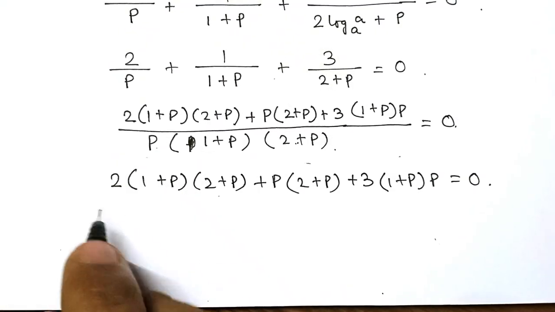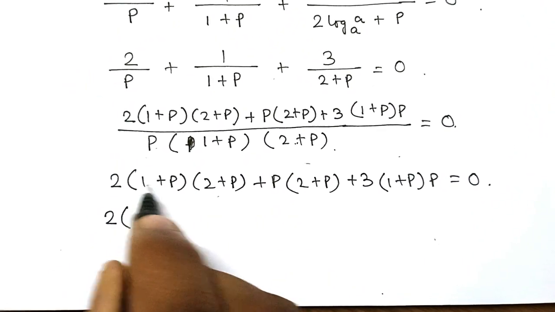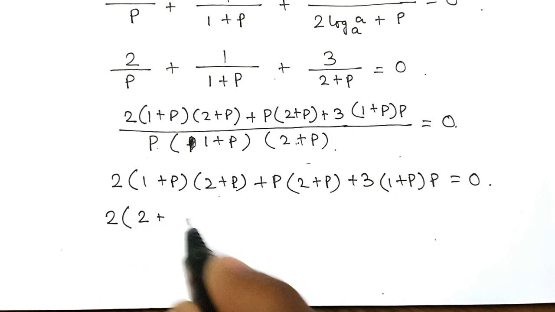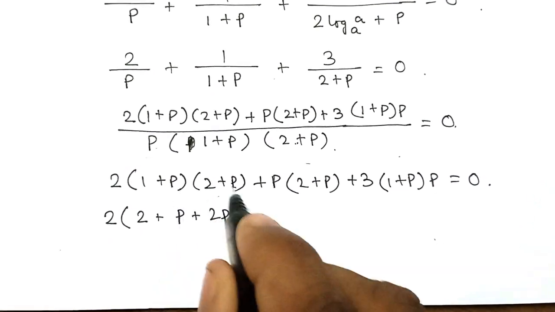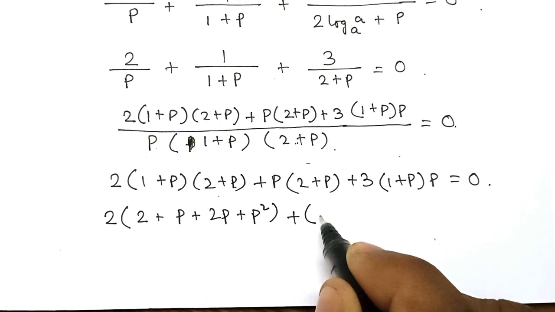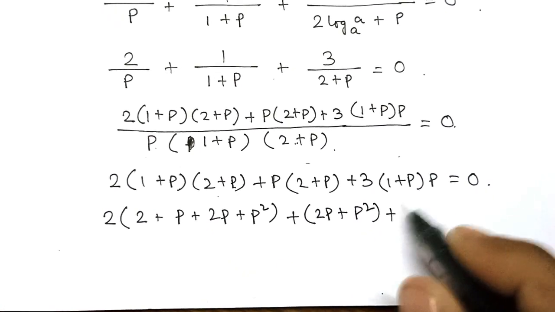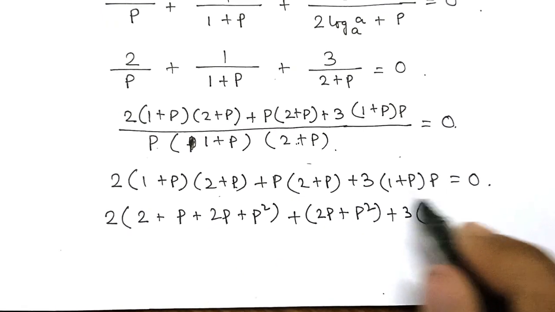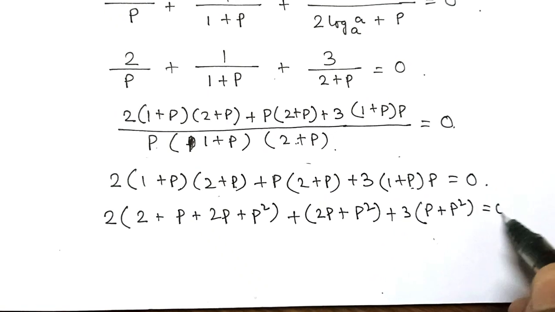Break this expression. So we get 2 into 1 into 2, 2 plus 1 into p plus p into 2, 2p, plus p into p is p square, plus p into 2, this is 2p, and p into p is p square, plus 3 into p into 1 is p, and p into p is p square.